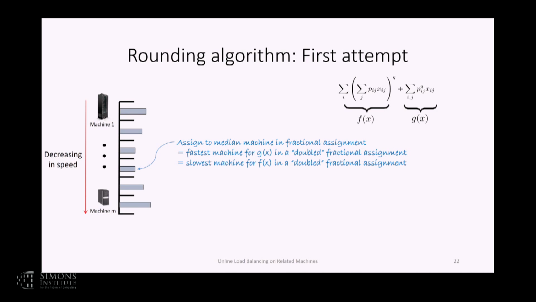Problem is with fx. In general, I should also be good in terms of fx because half my jobs went to faster machines. And I have some intuition which says that on faster machines, the derivative of fx was even higher. So somehow I should be able to charge my cost to the faster machines. But clearly this is not a good solution. For example, think of a situation where the fractional algorithm simply splits every job equally across a bunch of machines.